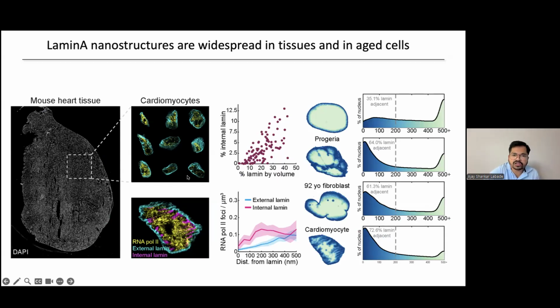So it is all non-specific. Every cell has a different repression. We also took 92-year-old fibroblast cells. These are normal cells, not progeria, and we do see that older fibroblasts have these invaginations causing exclusion zones of RNA pol 2. That means that part of the chromatin is repressed non-specifically.